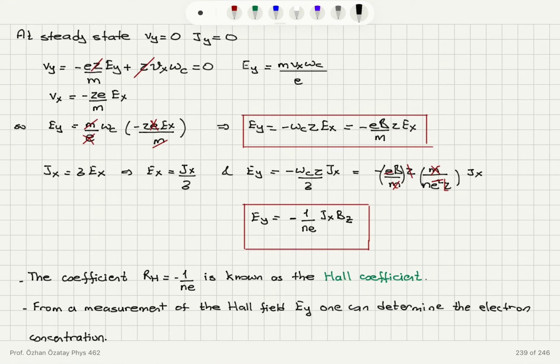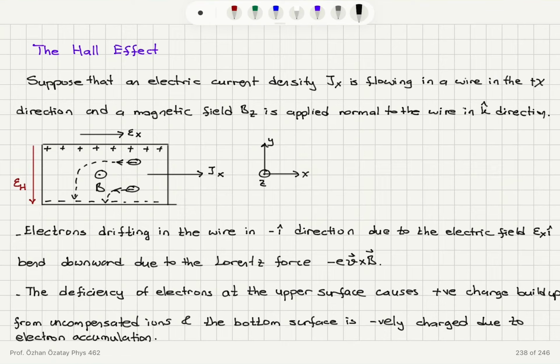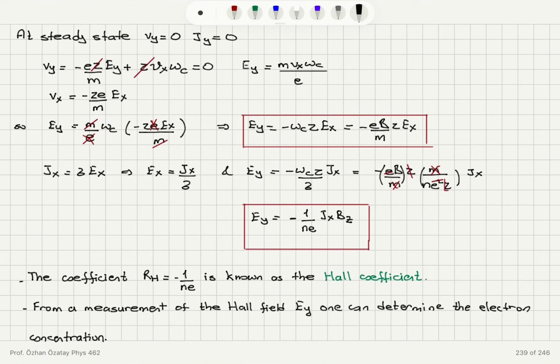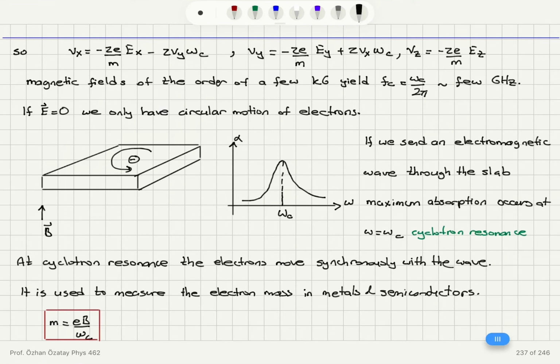As a result, we're going to have an electric field, epsilon H, developing between the two ends of the wire. At steady state, Vy will be equal to 0 and Jy will be equal to 0, so there will be no current flowing.